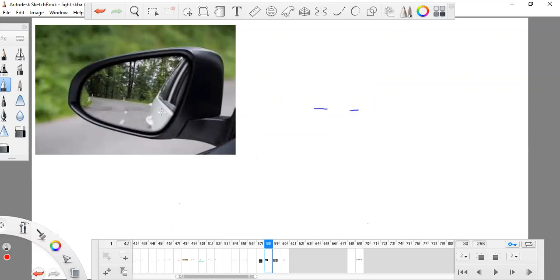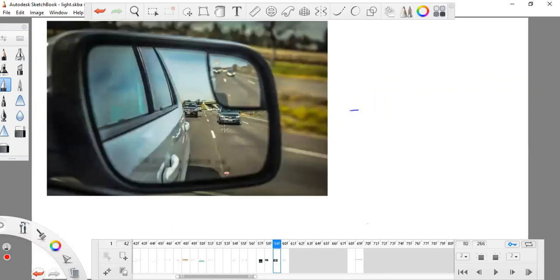Whole image means you can see how the cars are. This is known as the rear view. You have seen this type of mirror so many times on bikes and cars. It is present on the vehicle and enables the driver to see the traffic behind him.